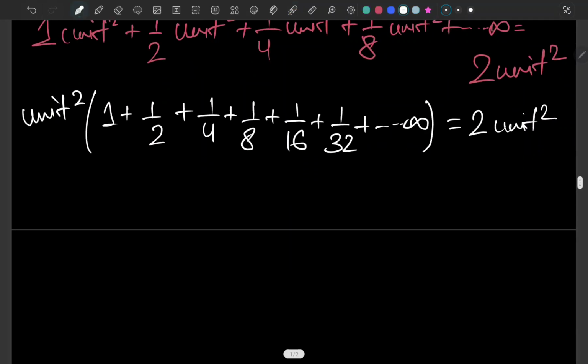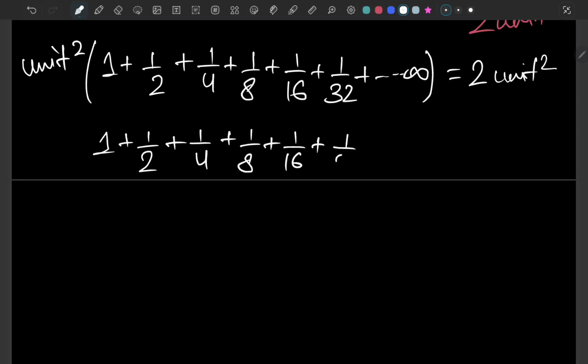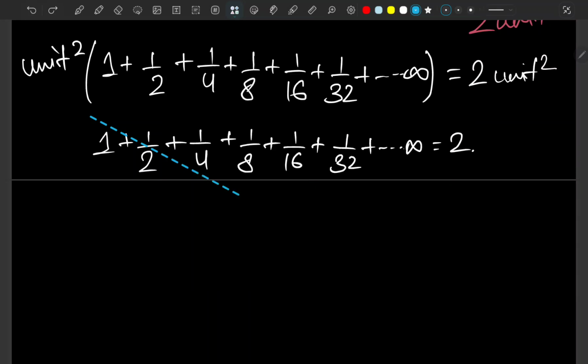So you can cancel all the units squared over there, and finally we are done with 1 plus 1 over 2 plus 1 over 4 plus 1 over 8 plus 1 over 16 plus 1 over 32, and so on all the way up to infinity, as 2. And hence we have proved it, we are done with this one.